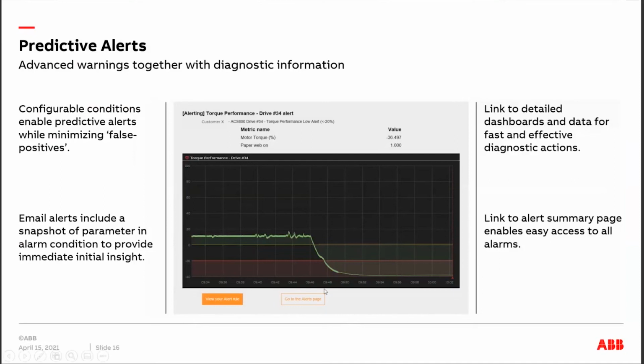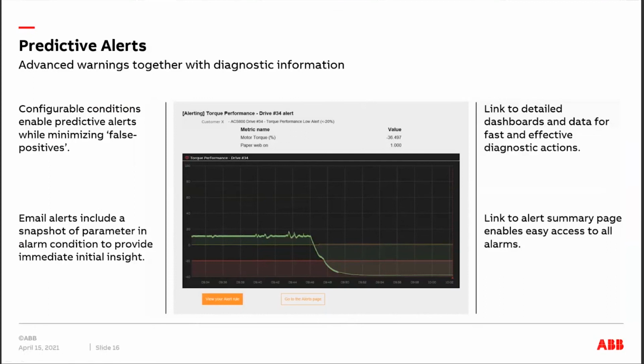And then going to the alerts page, you can also see if other alerts are occurring or have been occurring over time. This has been something very helpful and useful, something that's been talked about for a long time, getting predictive alerts without getting false alarms.